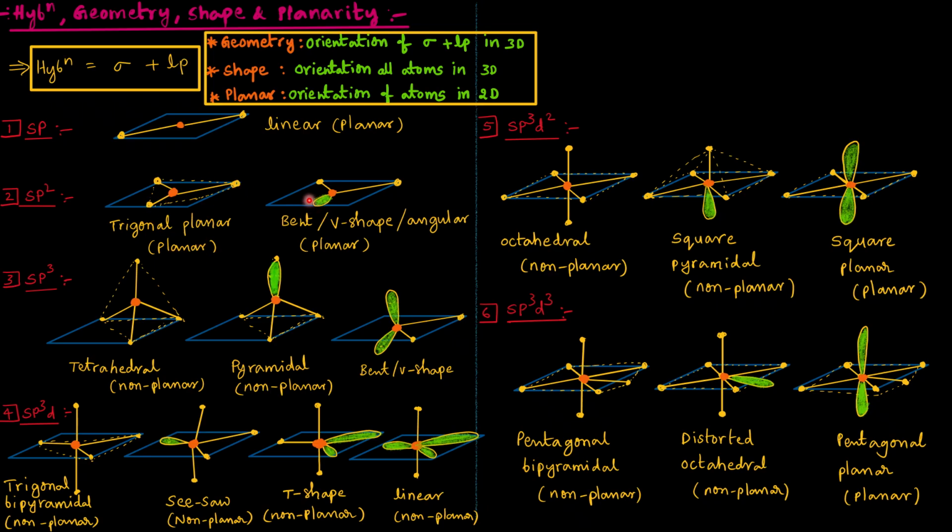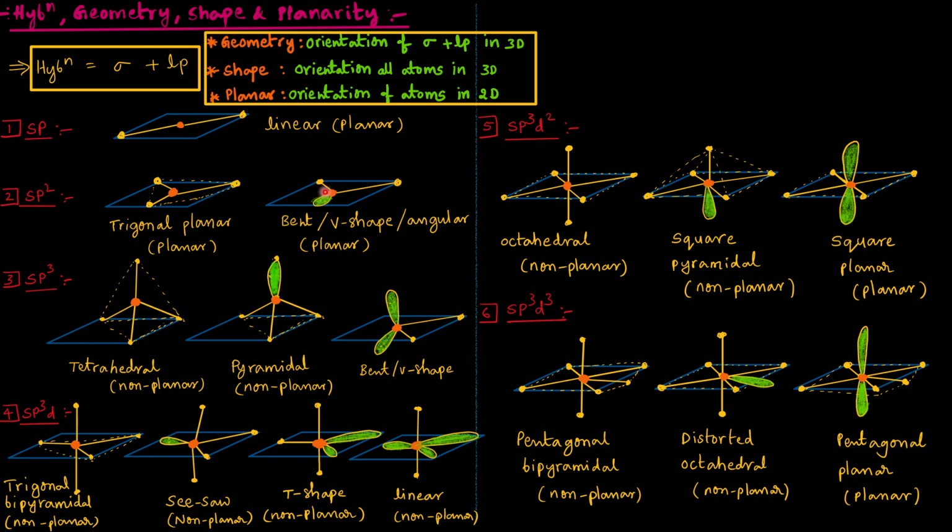If the number of sigma bonds is 2 and lone pair is 1, so 2 plus 1, 3, once again sp2 hybridization. So here, instead of one sigma bond, one lone pair is present. While assigning the shape, we have to exclude the lone pair. So geometry is trigonal planar only, but shape is V shape.